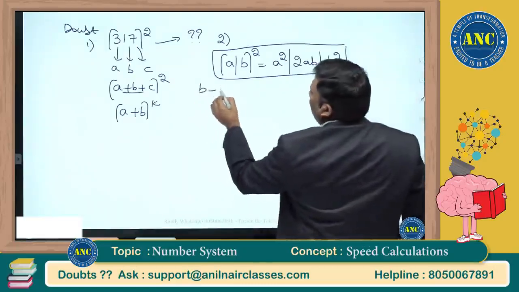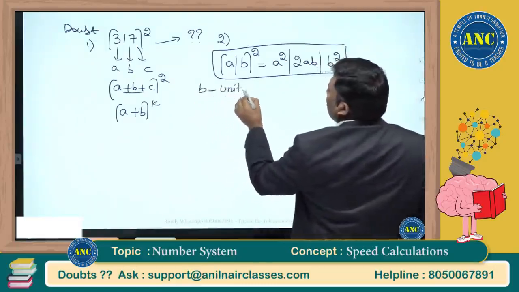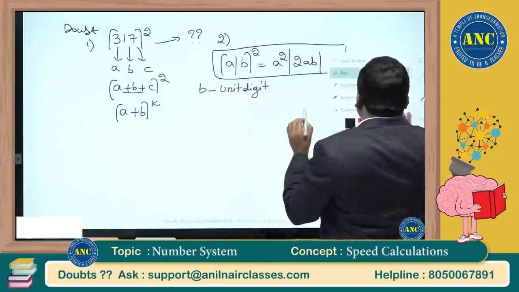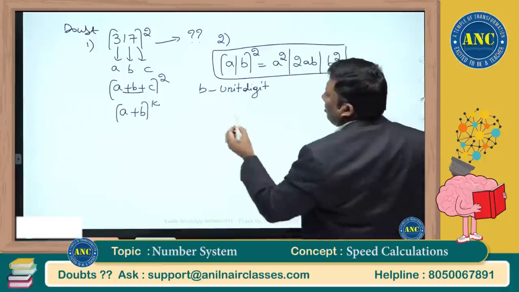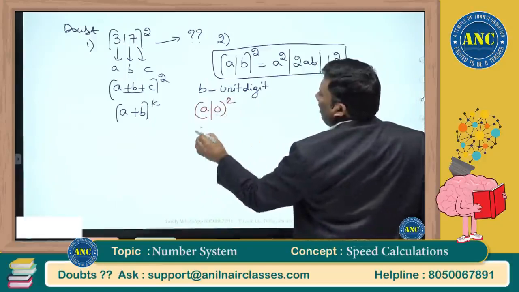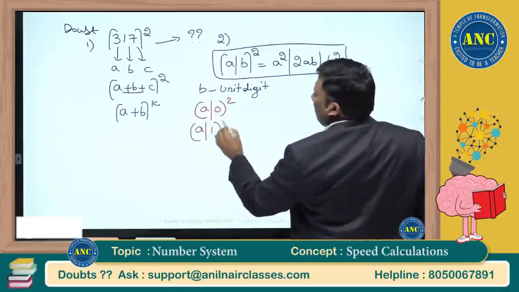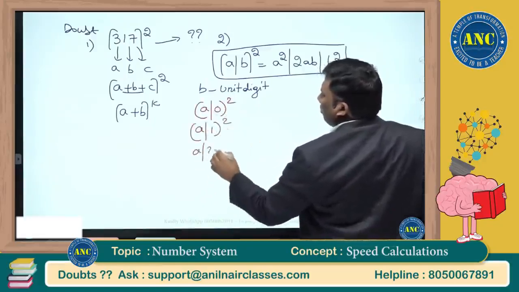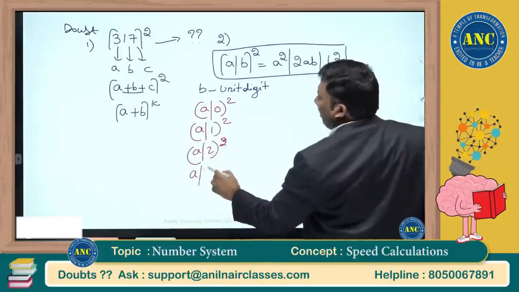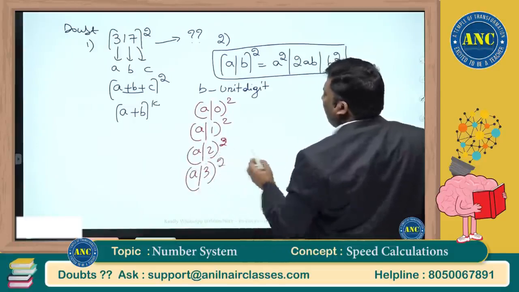What is B? B is nothing but the unit digit of a number. So B can be 0, 1, 2, 3, 4. First class, I will go very slow.